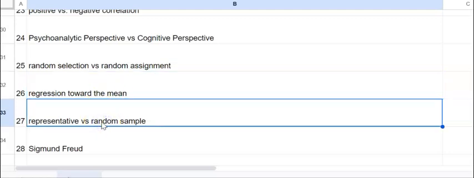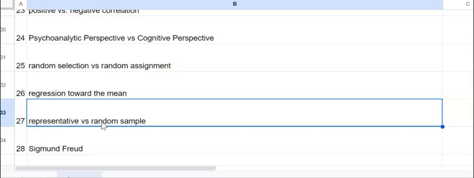A representative sample versus a random sample: both allow for a study to be generalizable, but the difference is how you get your participants. With a representative sample, you are intentionally matching your participants to the overall population.